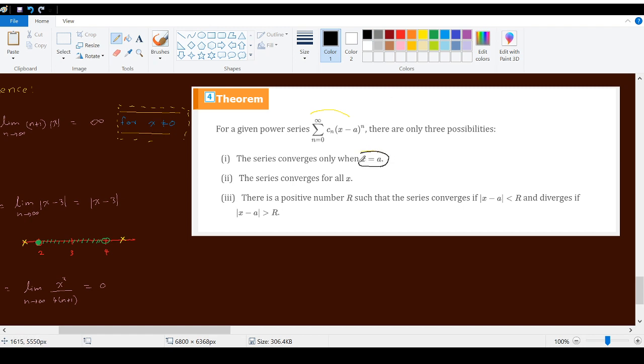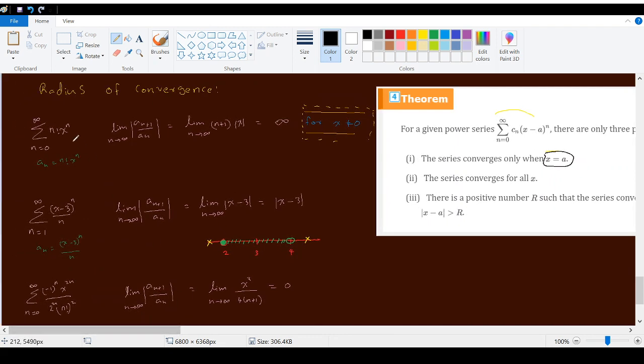So an example of that nature is this one. So we observed that when we take the limit of this ratio, it will give you infinity.